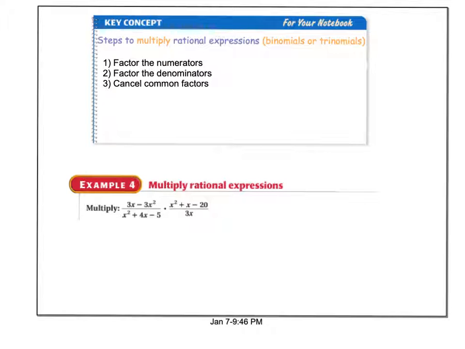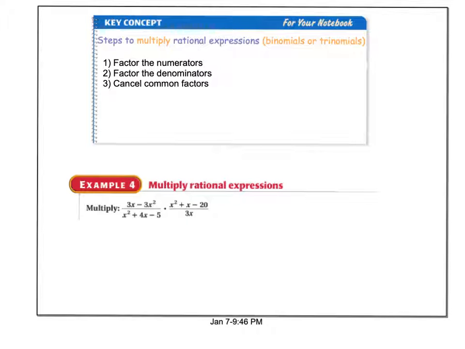Now let's move to the denominators. This factors to x plus 5 and x minus 1. And the other denominator is already simplified.